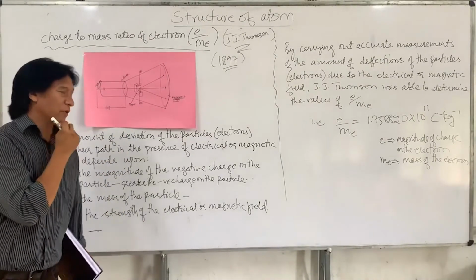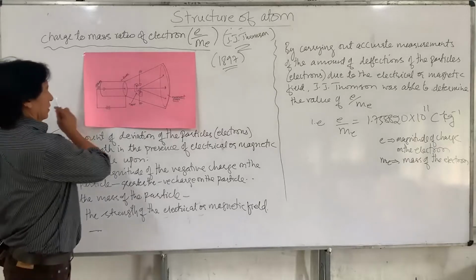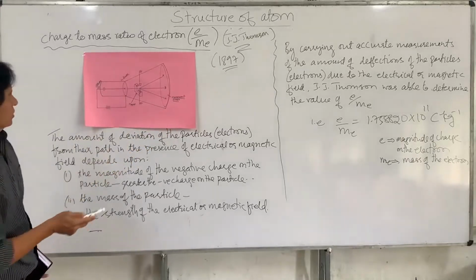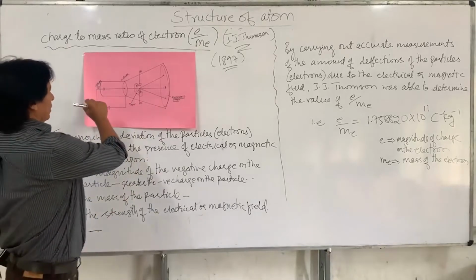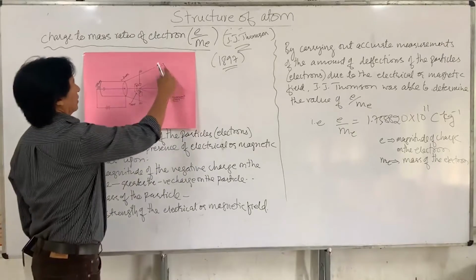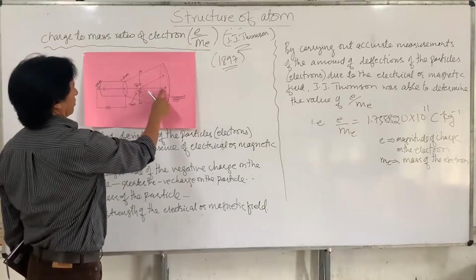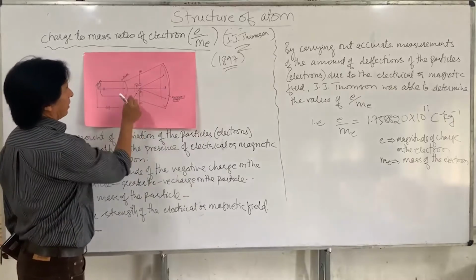Now, based on this experiment, he found this charge to mass ratio. The interesting thing here is, when no electrical field or magnetic field is applied, these cathode rays or electrons travel in a straight line, and they are seen striking the fluorescent screen here at point B, that is in the absence of an electric field or a magnetic field.